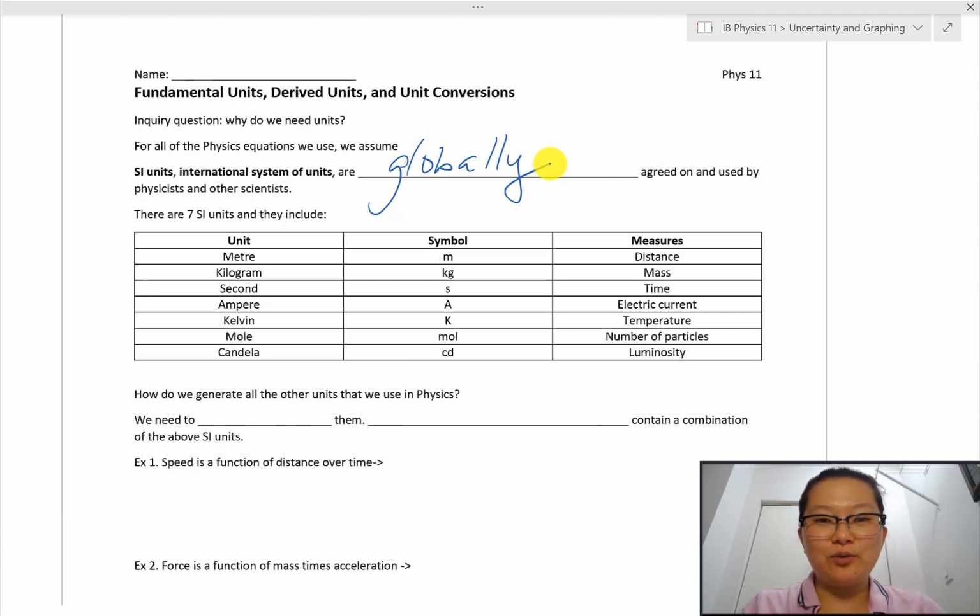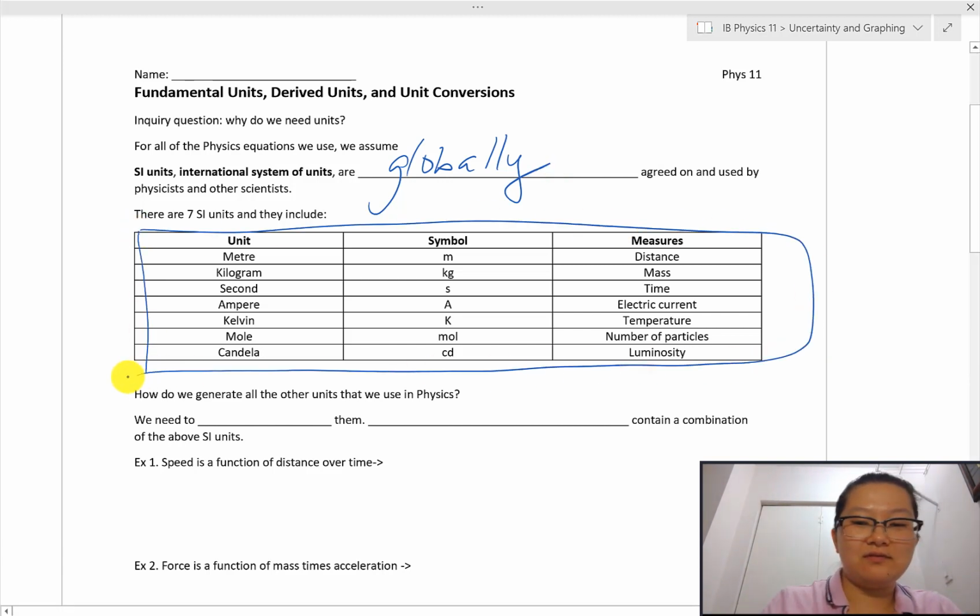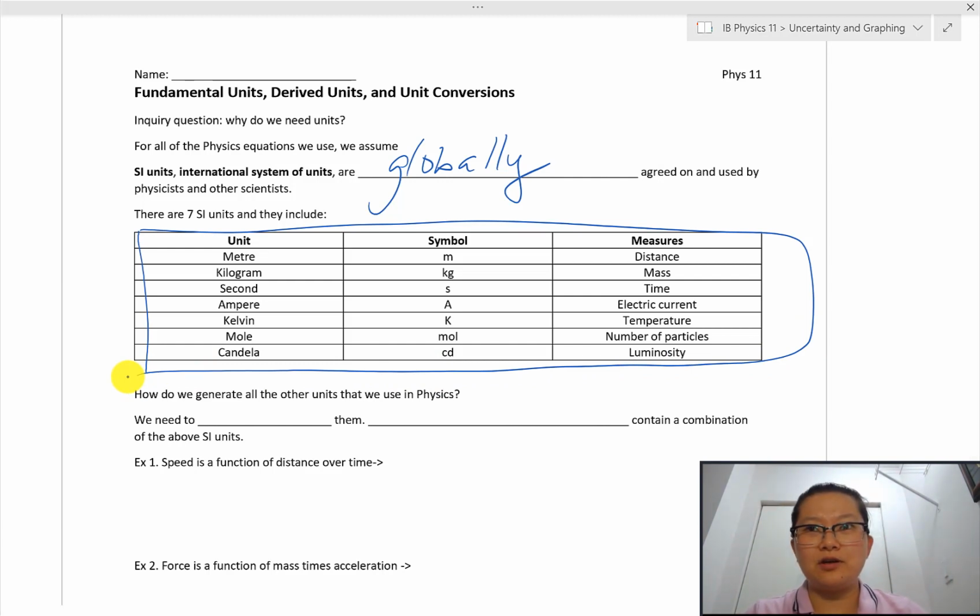Anyways, let's talk about what the SI units are. You see a table here? That's it. Okay, you might be thinking, well, what about force? Newtons. What about the units we use for energy? Power. Wattage.